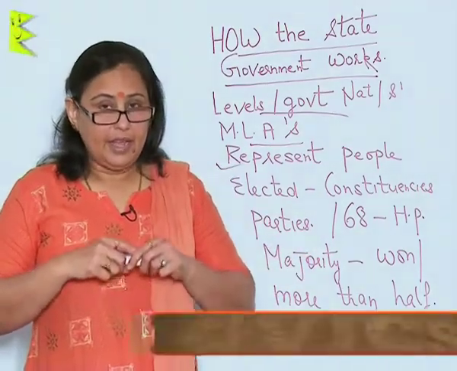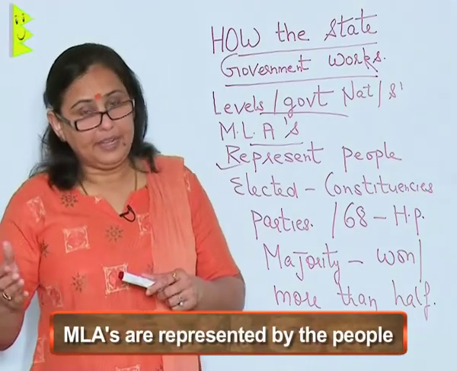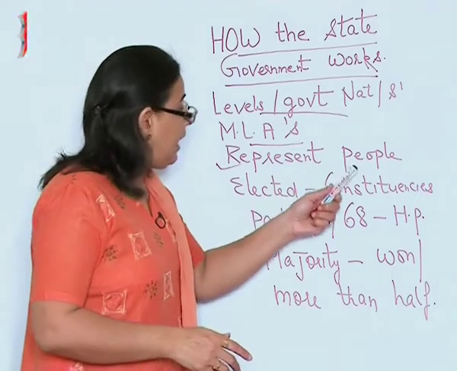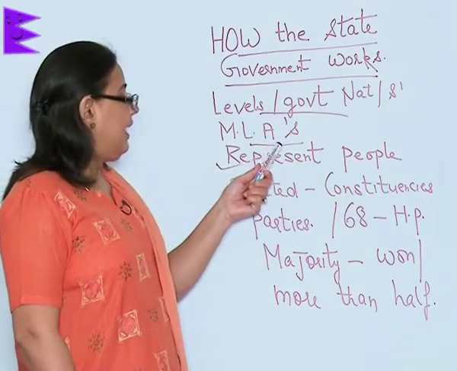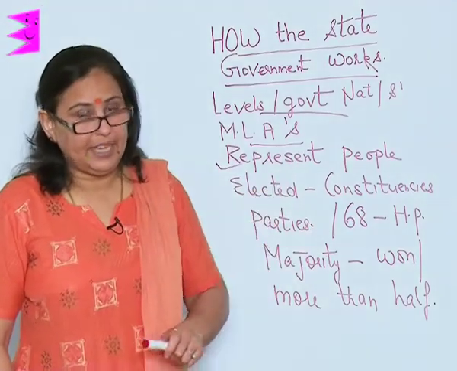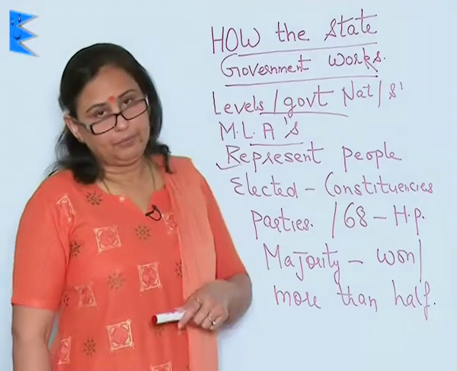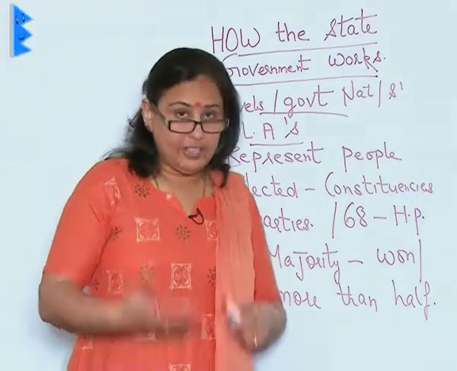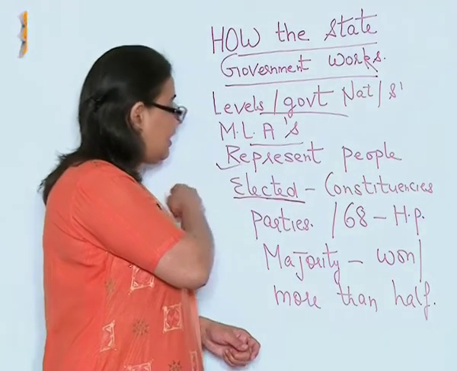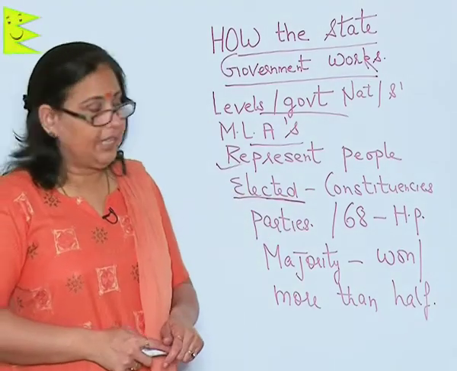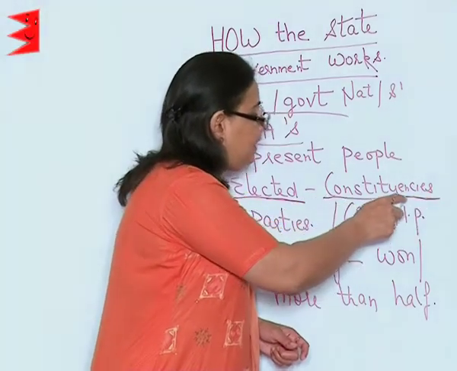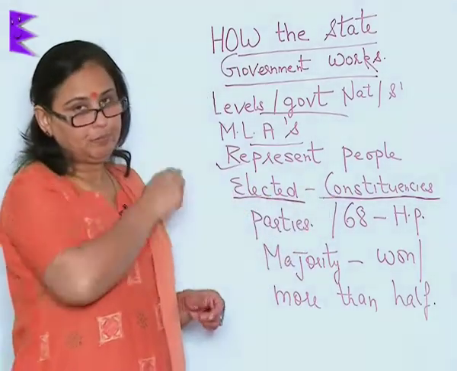Because the MLAs are elected by the people. Since the people elect the MLAs, that is why they act as true representatives of the people. Now, how are the elections of the MLAs held? As far as the elections in the state assemblies are concerned, the entire state is divided into various constituencies.